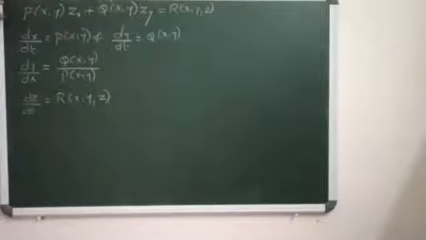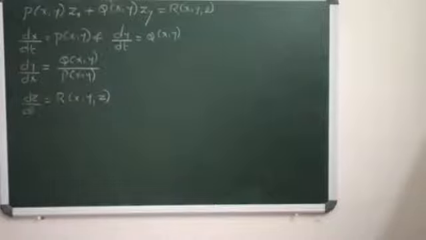Consider the semi-linear equation p z_x + q z_y = r, and the one parameter family in the xy plane with dx/dt = p and dy/dt = q, such that dy/dx = q/p. Also it satisfies dz/dt = r(x,y,z).